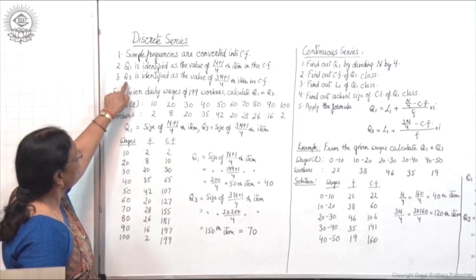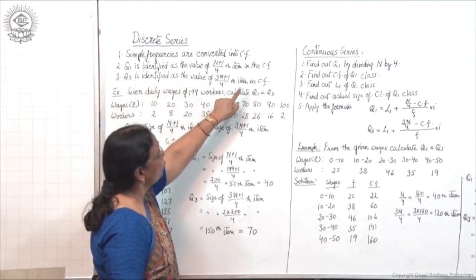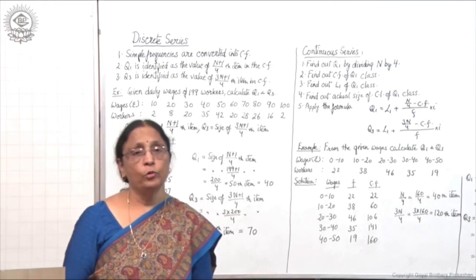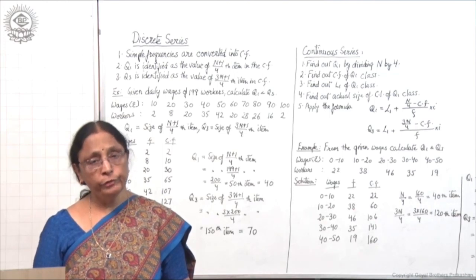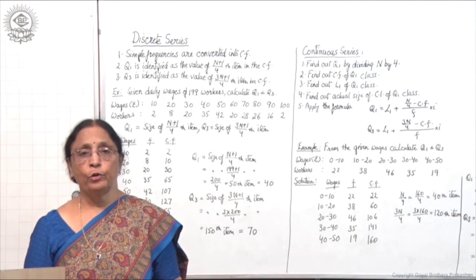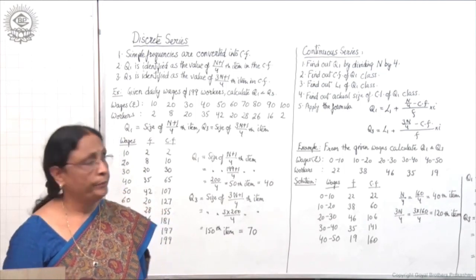Third step, Q3 is identified as the value of 3(n plus 1) upon 4th item in CF. For Q1 you find the (n plus 1) upon 4th item in CF, and for Q3 you find the 3(n plus 1) upon 4th item in the cumulative frequency series.